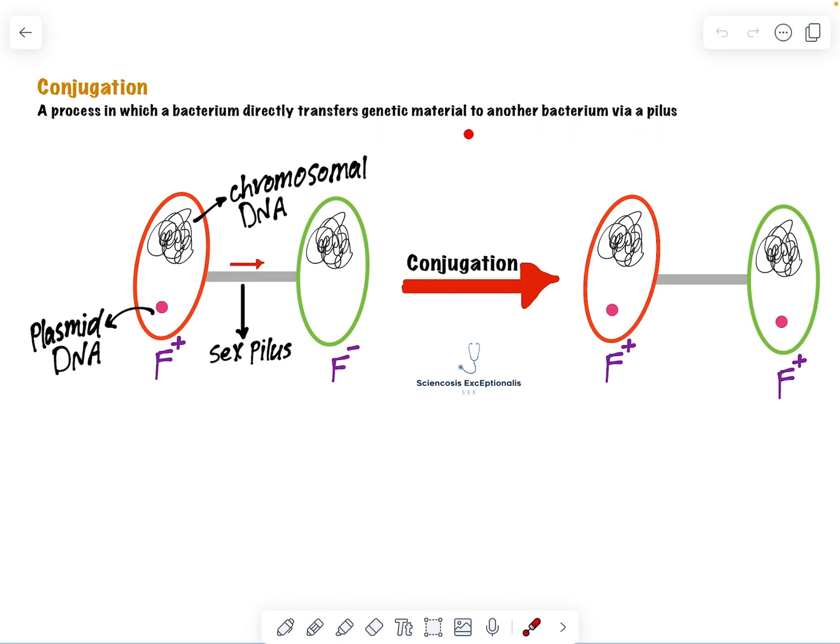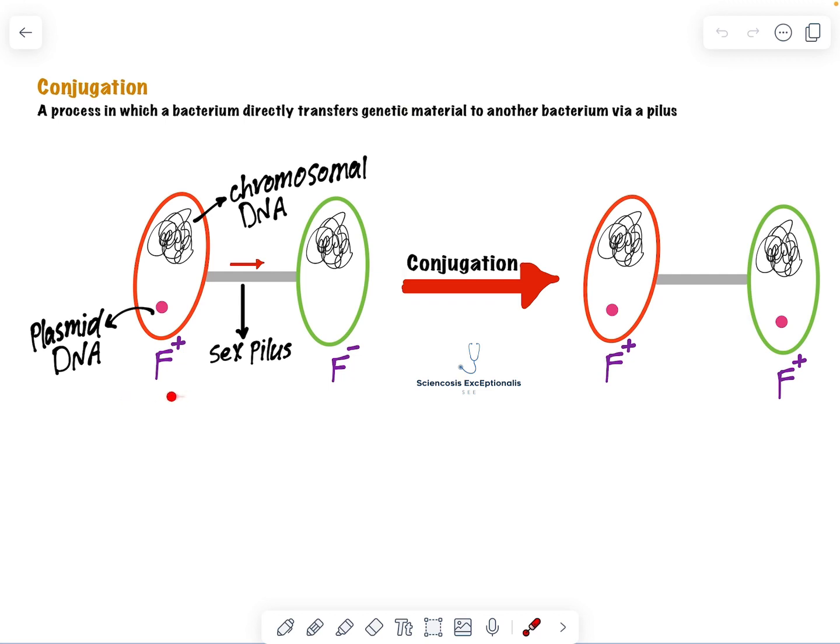The genetic material, of course, is the plasmid DNA and not the chromosomal DNA, because bacteria cannot transfer chromosomal DNA while they're still alive. Let's imagine that the plasmid DNA contains the genes responsible for encoding the beta lactamase enzyme.